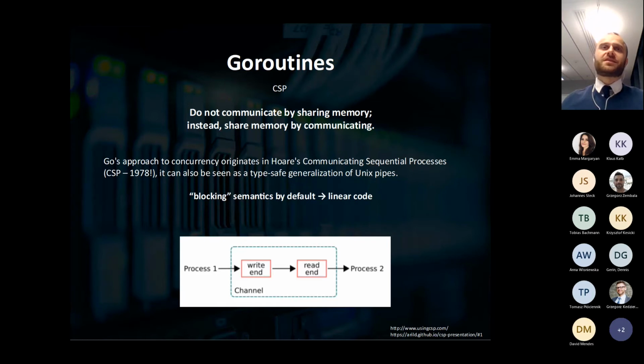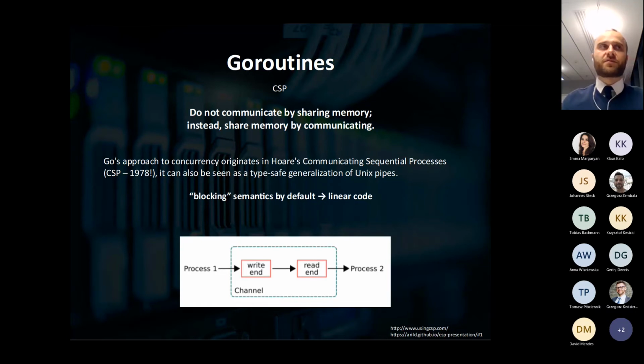The whole model is very similar to Unix pipes. So the processes are not sharing state by sharing memory or variables. Instead, they communicate by channels, just sending messages through the channels. So they are basically not sharing anything. They communicate by sending messages through the channels.